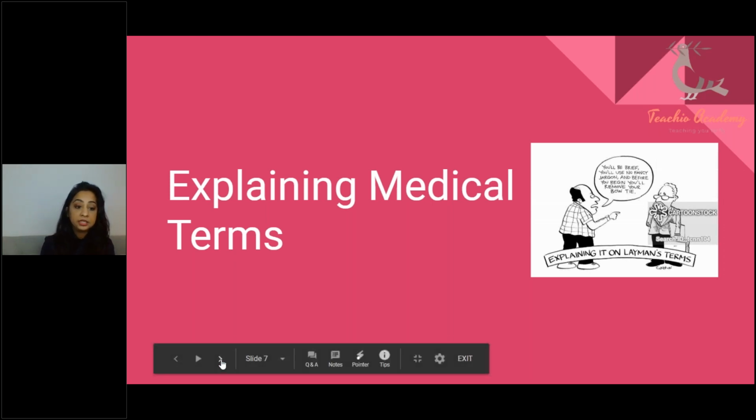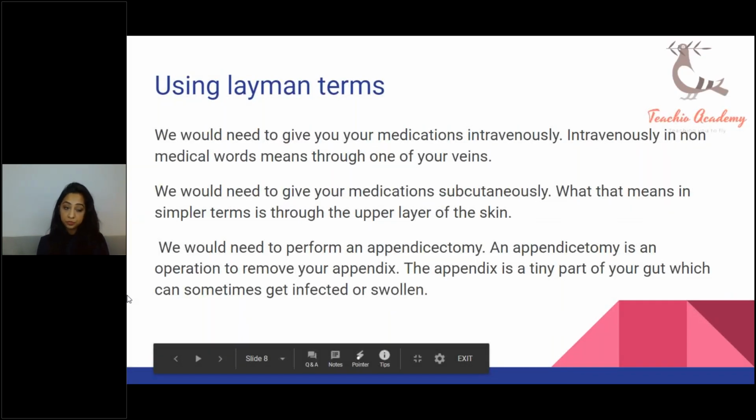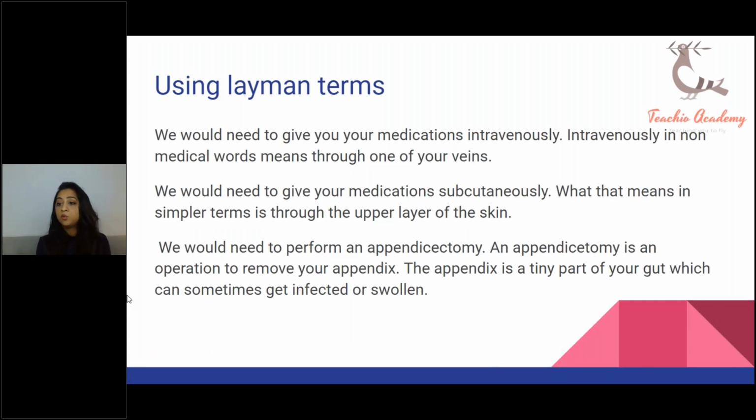Let's try and explain this by examples. For example, a very common case and something which is very basic for us doctors or nurses. If you want to describe to a patient that you want to give their medications intravenously, now the patient might not understand what intravenously means.